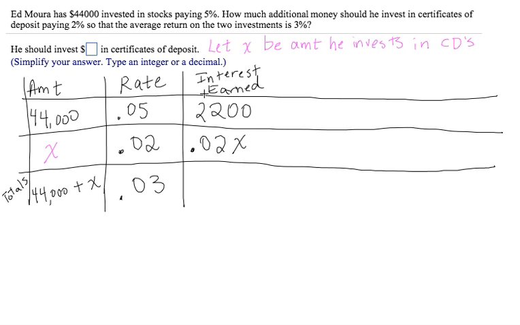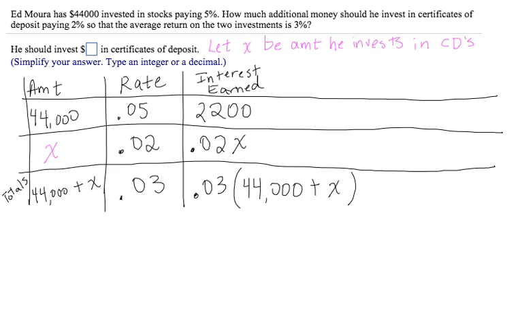Okay, so if we do that, the interest earned is, again, their product. We want the product of the total amount that he invests times 0.03 to give us the interest earned. So the amount earned would be 0.03 times (44,000 plus X). That's the total amount of interest he wants to earn.